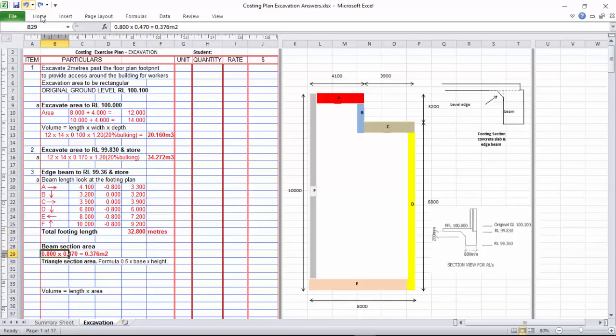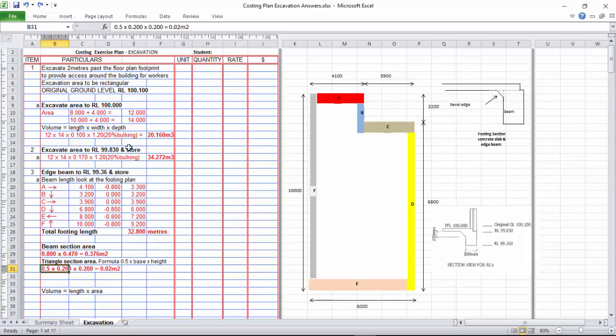Okay, so we've got to calculate the beam section size, and this is a section of our beam, but this is just a larger one here. We're going to break it up into this rectangle and this triangle. Our rectangle is 0.8 times 470 deep, which we can pick up with our RLs, and that gives us 0.376 meters squared.